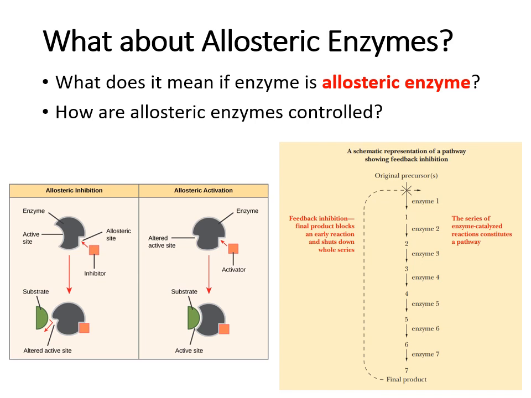Now, I want to mention, in addition to the Michaelis-Menten form of enzymes, we also have allosteric enzymes. That basically means enzymes that have an additional site in addition to their active site.